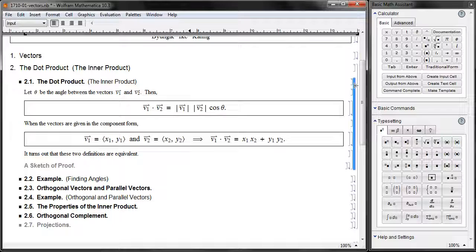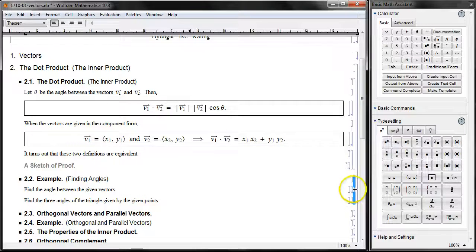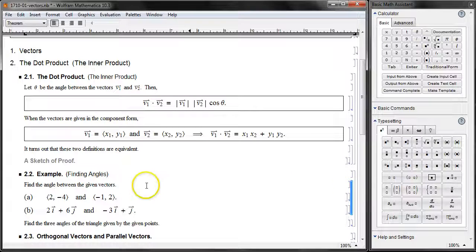Are they equivalent? Yes, and we used the law of cosines to prove it, and that was difficult. If you don't remember the proof, that's okay, as long as you remember the dot product formula for geometry, the angle theta, and for components. Using those two, we can find out the angles. v1, v2 are given.